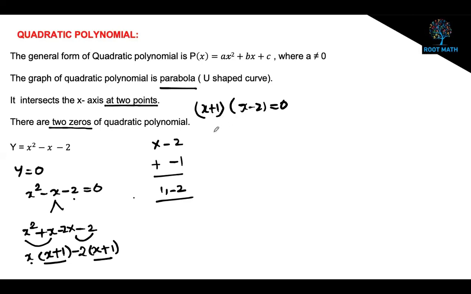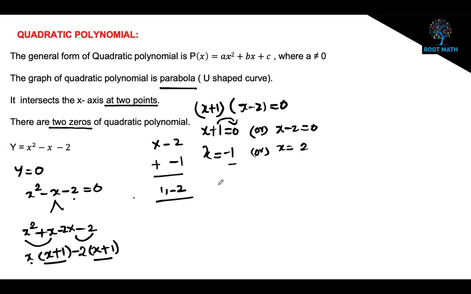When we are multiplying two numbers, if the value is 0, it means one of the numbers is 0. Either x plus 1 is equal to 0 or x minus 2 is equal to 0. When x plus 1 is equal to 0, x will be minus 1, or x value can be 2. You can see here x having two values, minus 1 and 2.